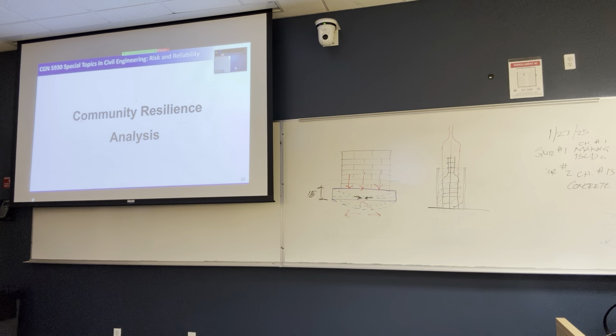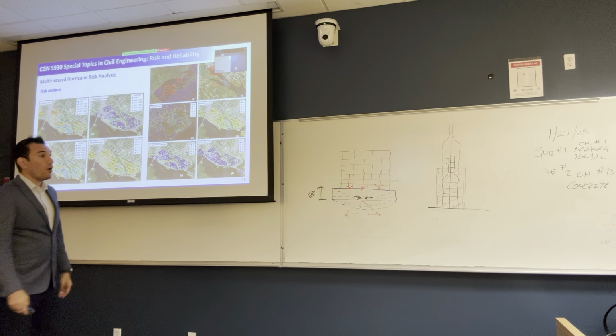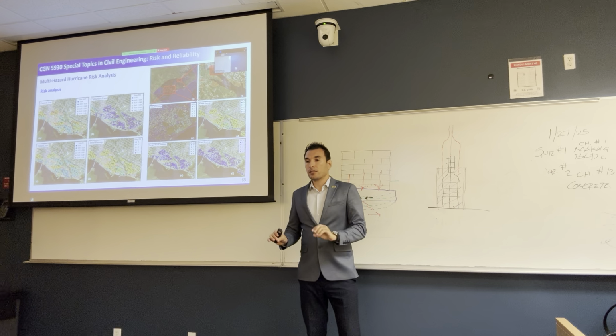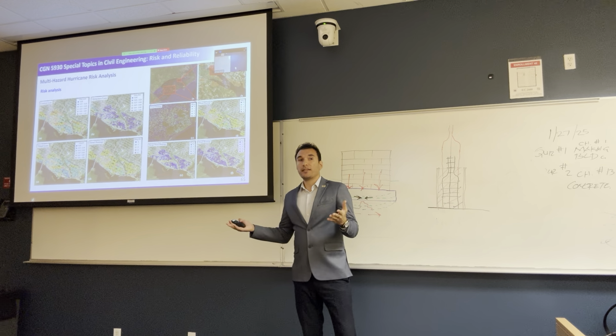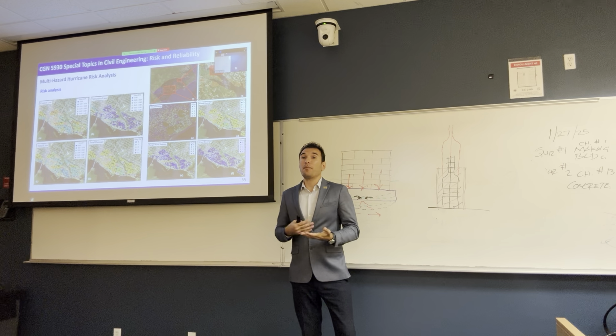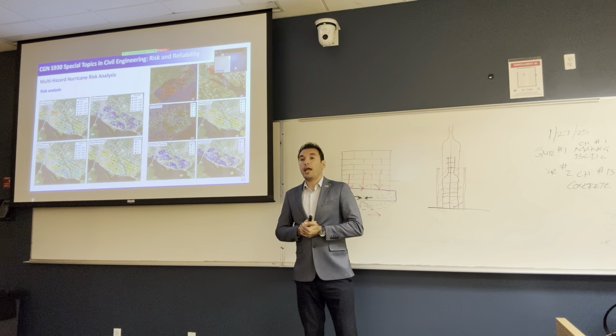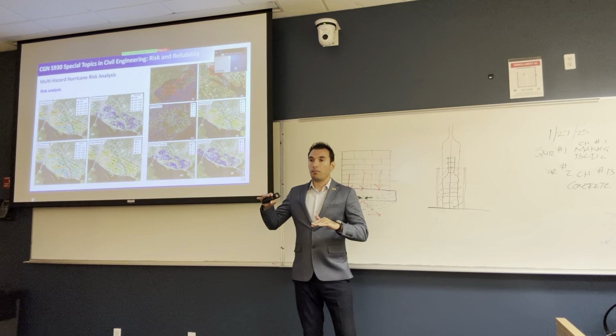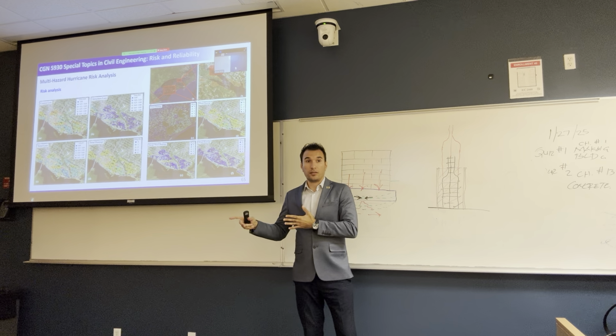With this, I want to show you some research ideas when it comes to community resilience analysis. So all that we have done so far is identifying the damage, right? We talked about some mitigation measures, and how this mitigation measure is going to protect your building, right?